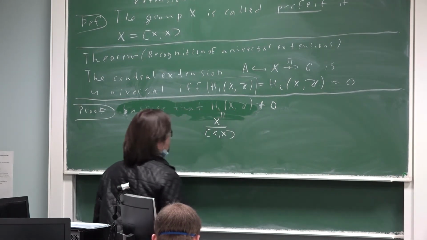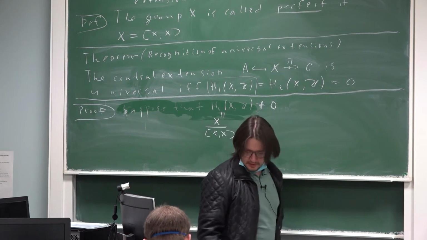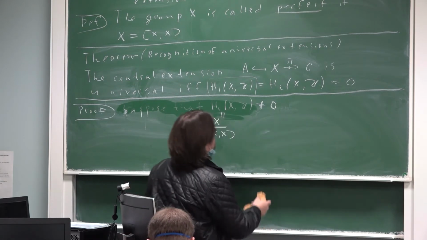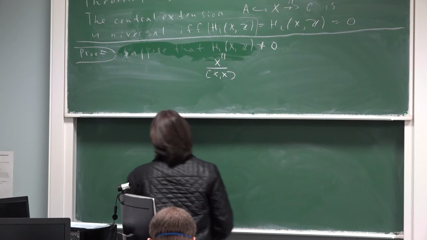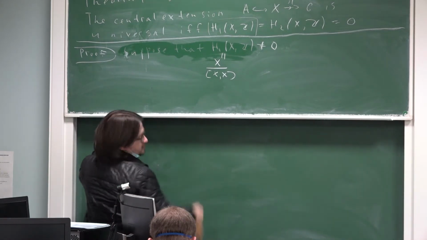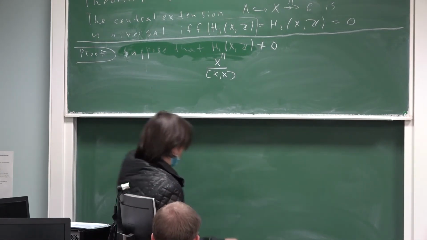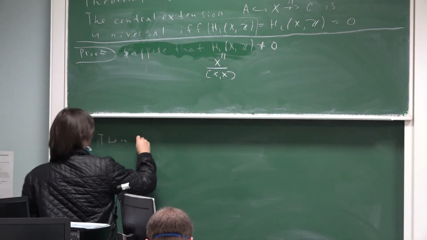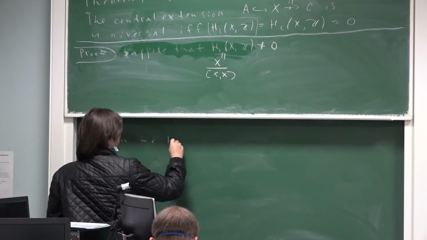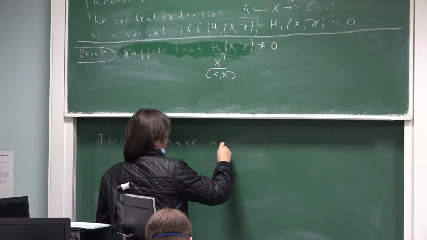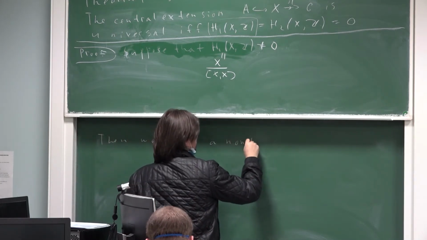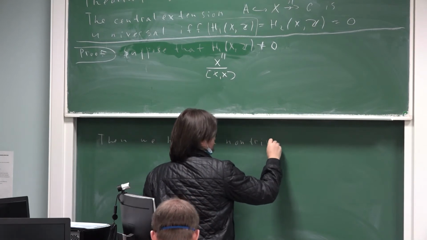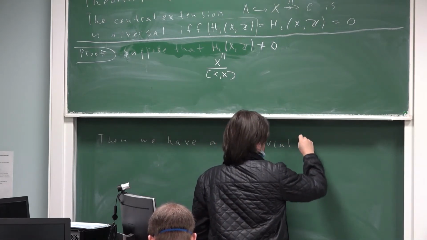So suppose that X is not perfect, then the extension can't be universal because we don't have uniqueness. Then we have a non-trivial homomorphism.